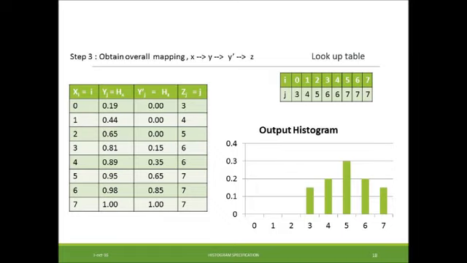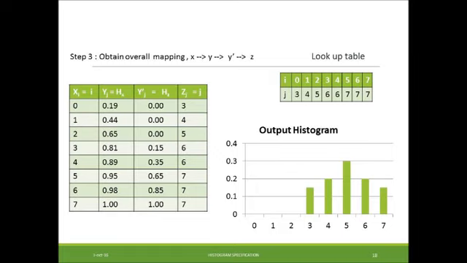Now let's take i equal to 2. Corresponding Hx value is 0.65. Now we need to search for the Hz value which is closest to 0.65, and we can see that 0.65 is readily available, that is, with no error. 0.65 can be mapped to 0.65 itself. So corresponding to 0.65, the intensity level is 5. So this means that i equal to 2 corresponds to j equal to 5.